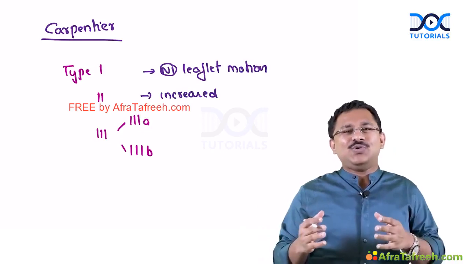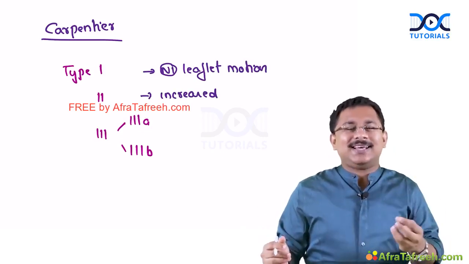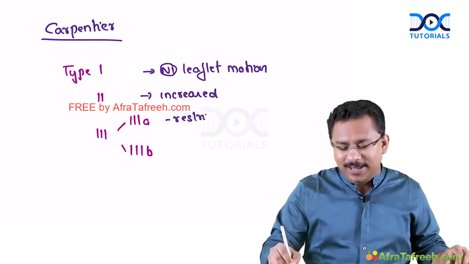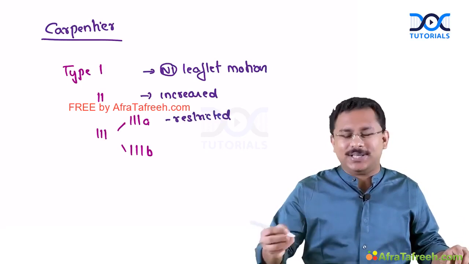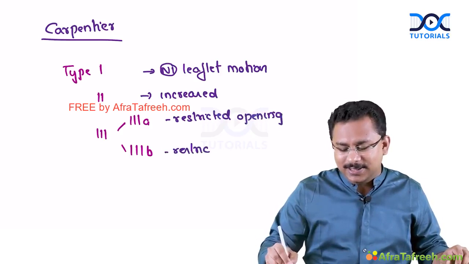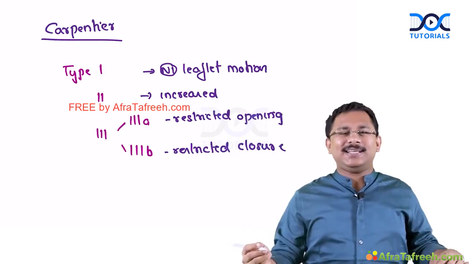And when it comes to type 3, in case of type 3A, there is a restricted opening, and in case of type 3B, there is a restricted closure. Restricted opening of the valve leaflet, and this is a restricted closure. This is the Carpentier classification.